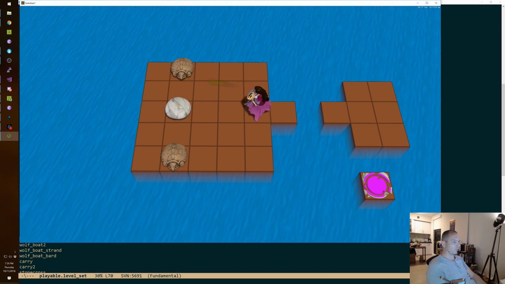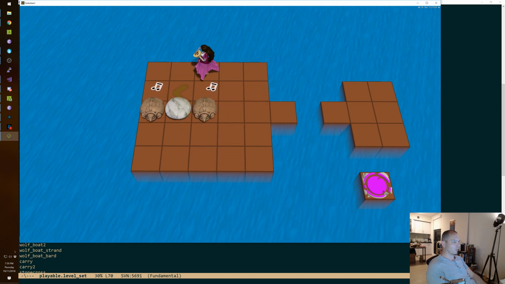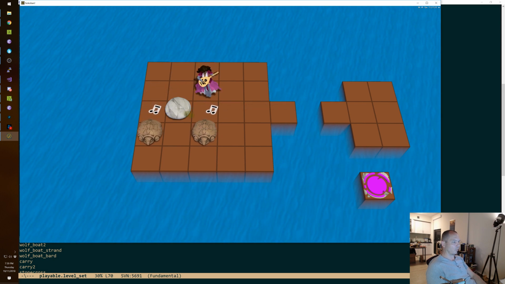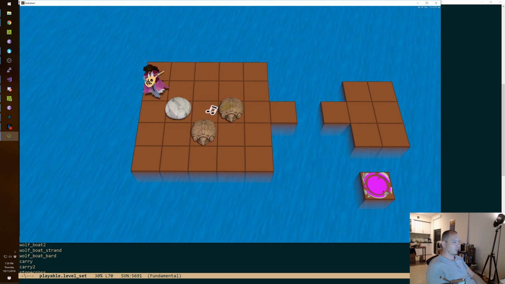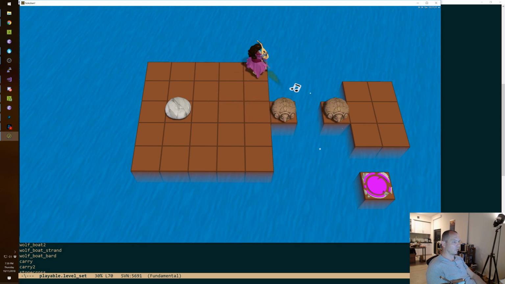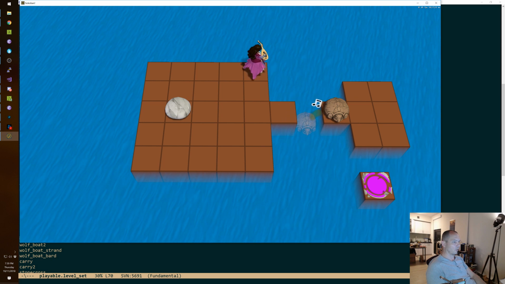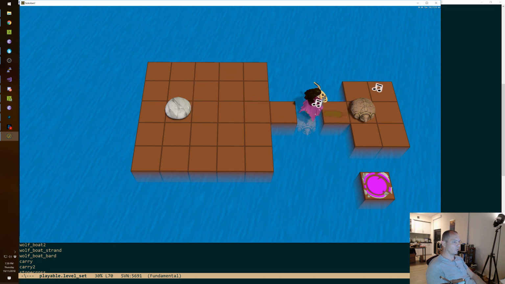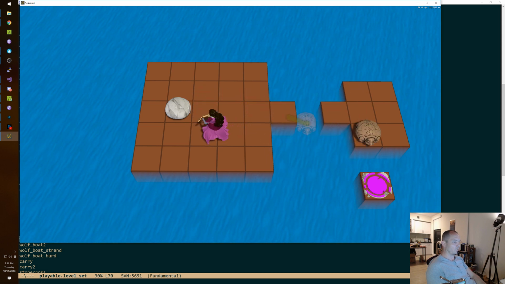All right. How do I do this? Like, as soon as I do that, I've lost it, but okay. So we can do this. Okay. So I've got one in the hole. Push the other one across.